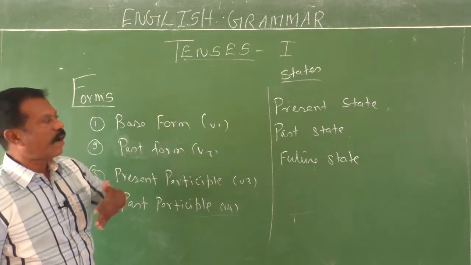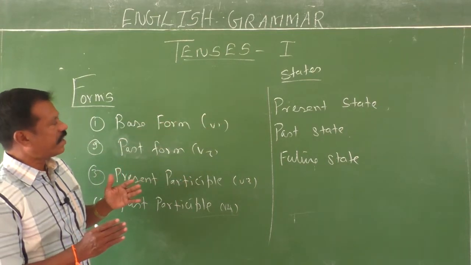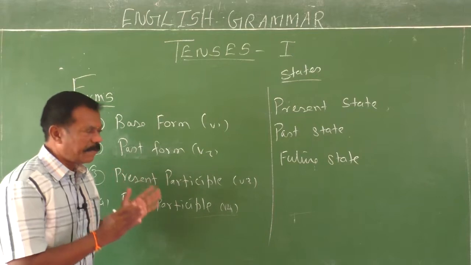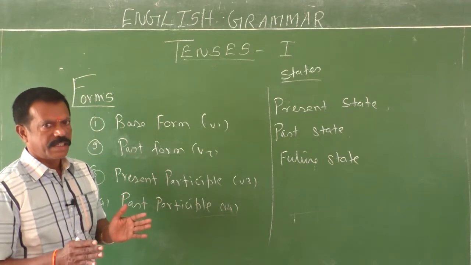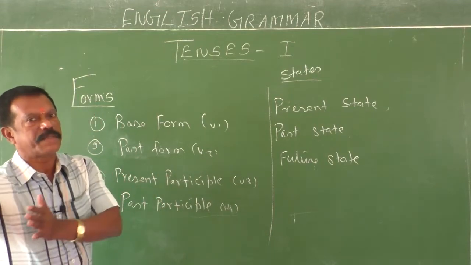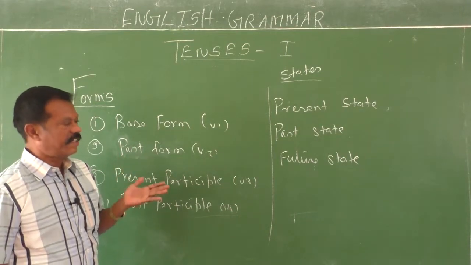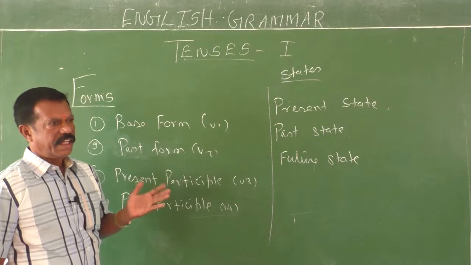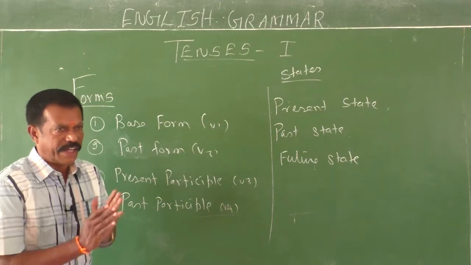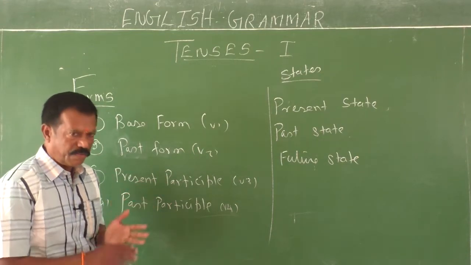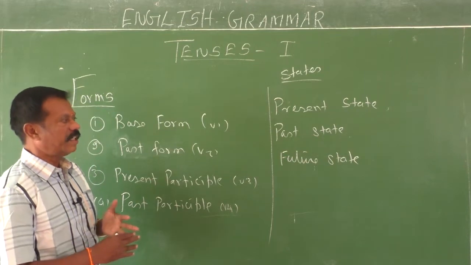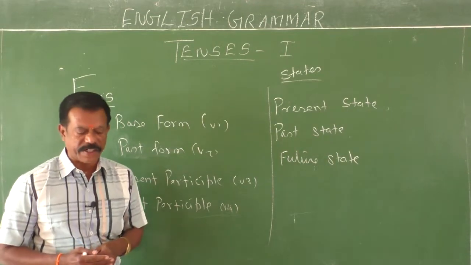The past state is classified into simple past, past continuous, past perfect and then past perfect continuous. Then the future tense is further divided into four: simple future, future continuous, future perfect and future perfect continuous.